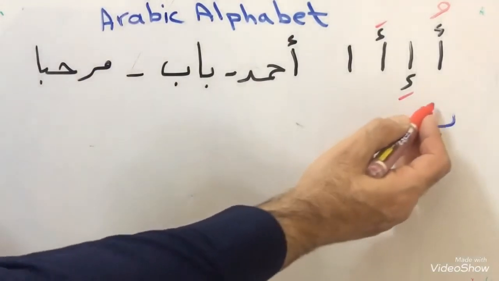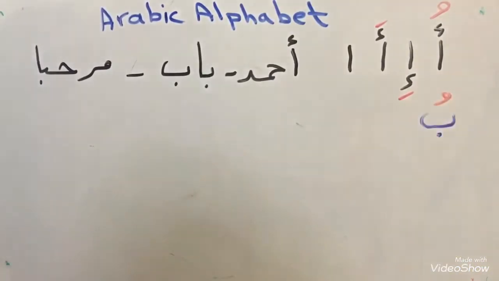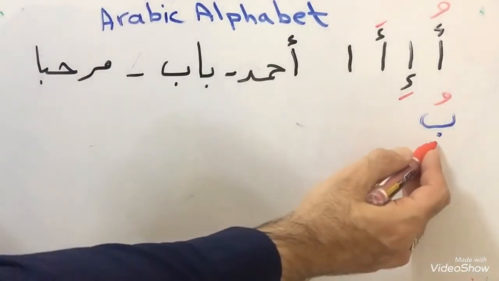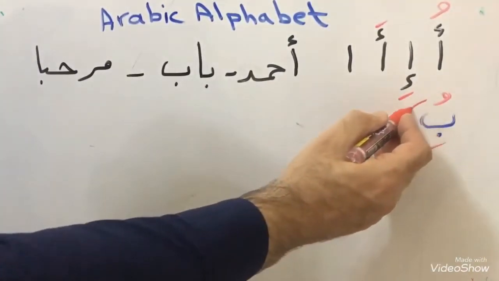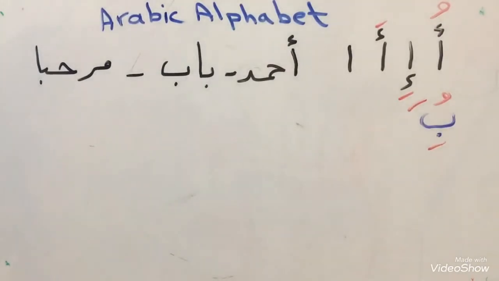So we say Bu for Dhamma, Bi for Kasra, Ba for Fatha. So each letter in Arabic, in any word, should have Dhamma, Fatha, or Kasra, or something else. We will see it later.